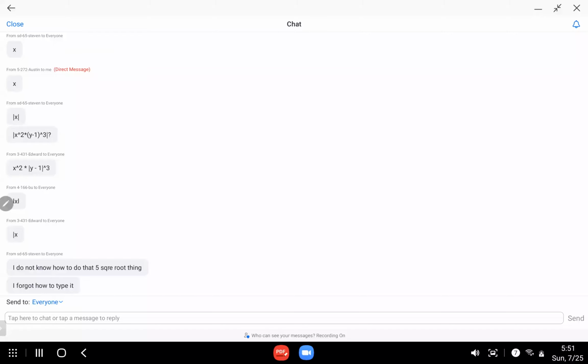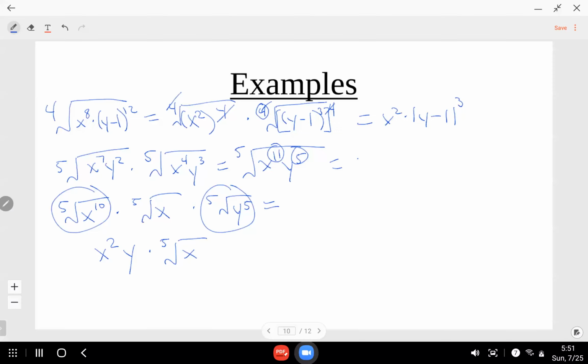Oh, you forgot how to type it. If you're really desperate, you can just do square root of 5 raised to the power of 1/5. If you're writing it on a computer, it's actually pretty complicated. Wow, that is complicated.